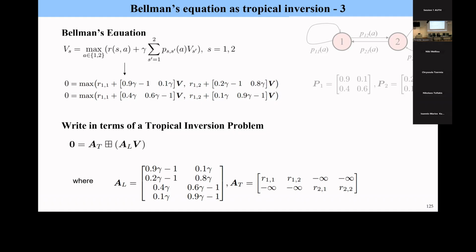So, in conclusion, in dynamic programming, in Markov decision process, we can write this Bellman equation by using this hybrid linear matrix product followed by a max plus matrix product, and we can embed that into solving this tropical inversion problem.